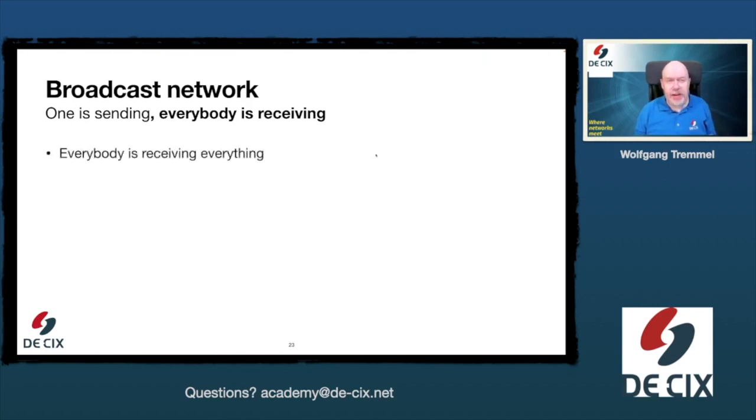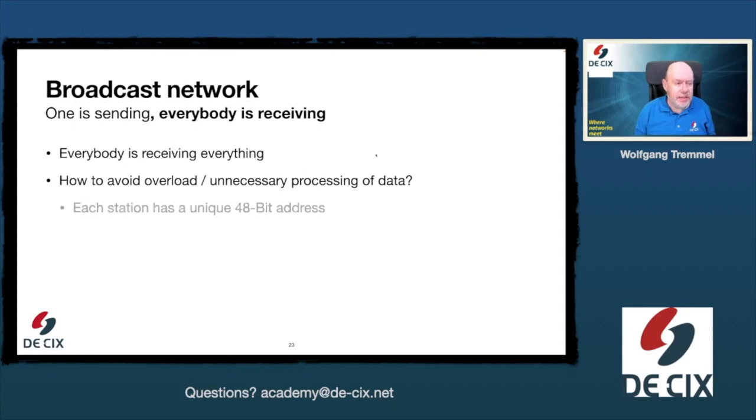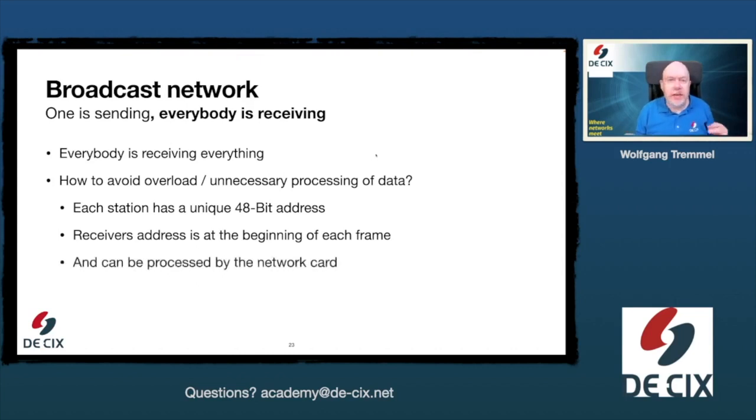Everybody is receiving everything, even frames which are destined to another station. So how to avoid overload and unnecessary data processing? Well, the idea is each station has a unique 48-bit address, and this address is at the beginning of each frame. And the address can be processed by your network card.